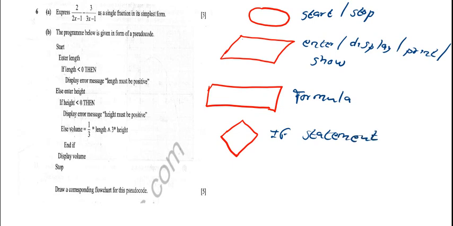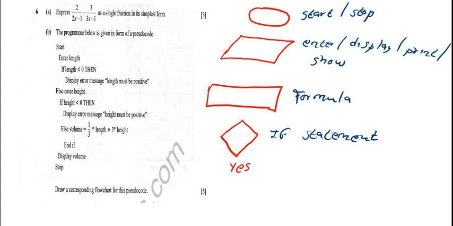Whenever we have an if statement, we'll be using a decision box. And then we have words like then.